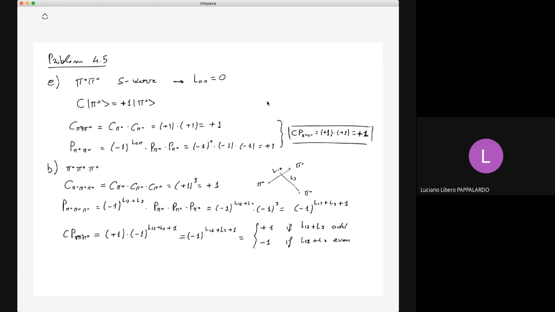So a question for you. What can we exploit in order to solve this ambiguity? Try to think a little bit.